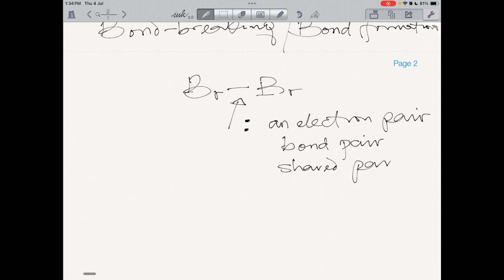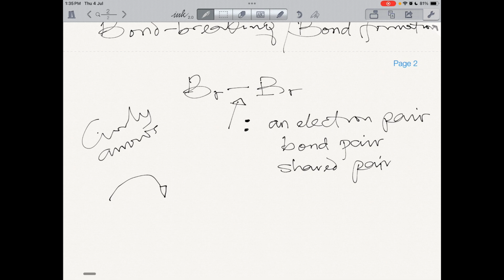So how do we depict the movement of electrons? We're going to be using curly arrows a lot in depicting mechanisms.